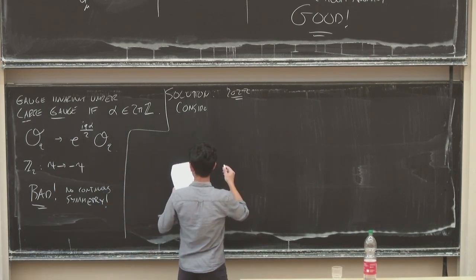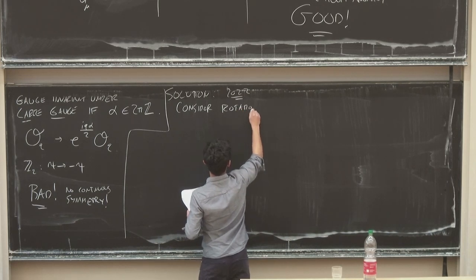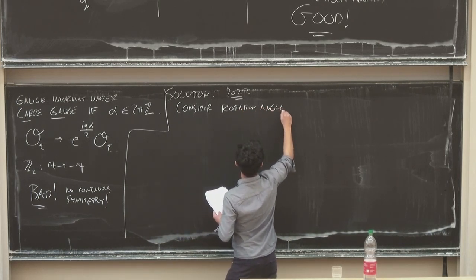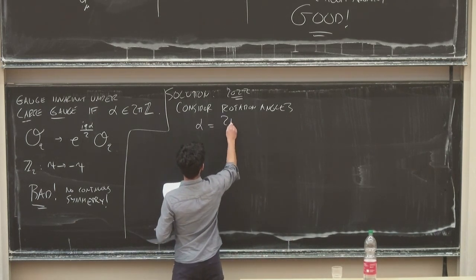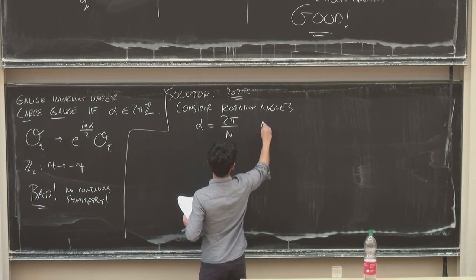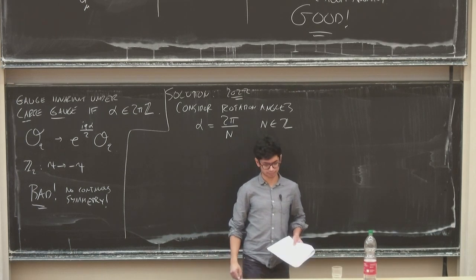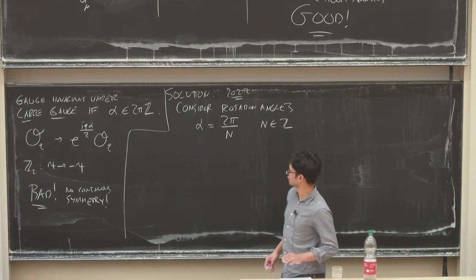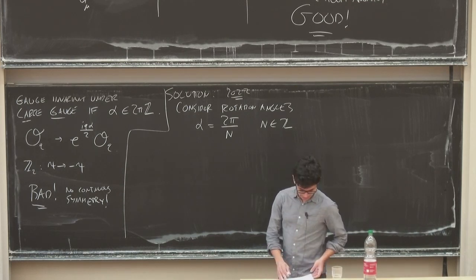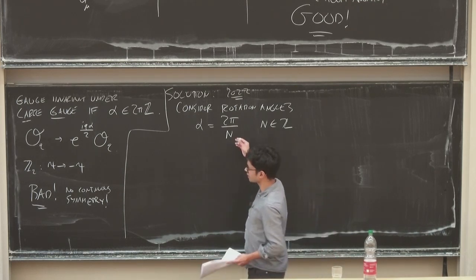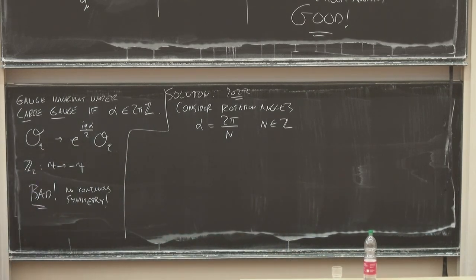What you do is you consider rotation angles alpha that are of the form 2 pi over n, where n is an integer. Okay? Let's try this, see what happens. Now, for the reasons that I just said, this operator does not exist for any n greater than 1.